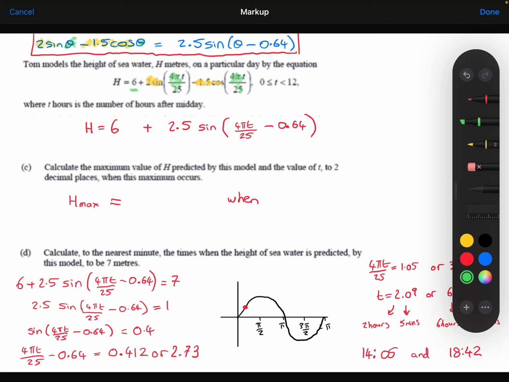So, what I have done to help me for part C and D is I have rewritten this equation in a simpler way. I've just copied the 6 down. And then I've used my answer from part A to replace this, the only difference being instead of the theta, I've written the 4 pi t over 25. That's the only difference.